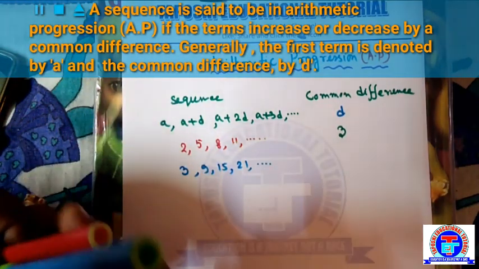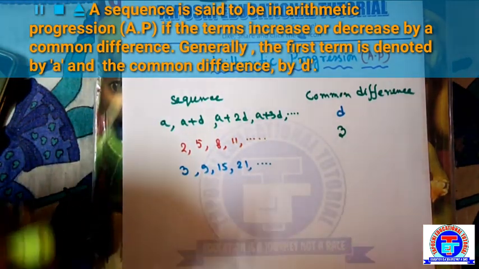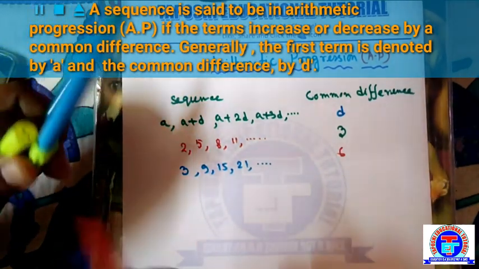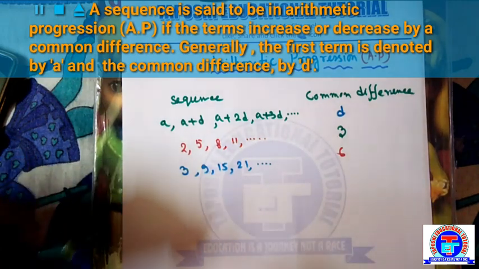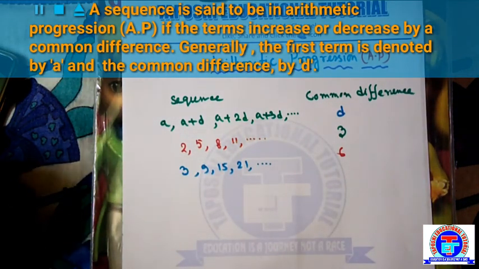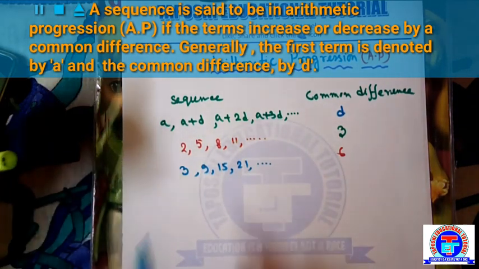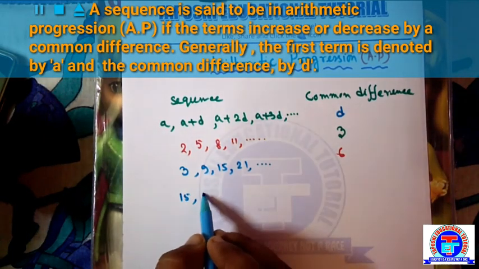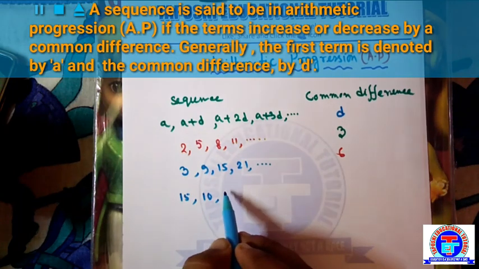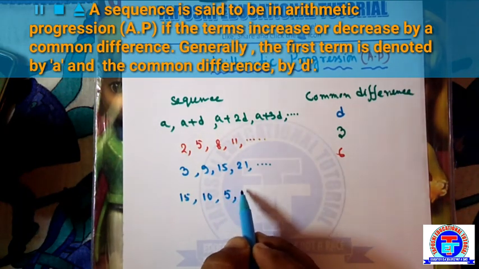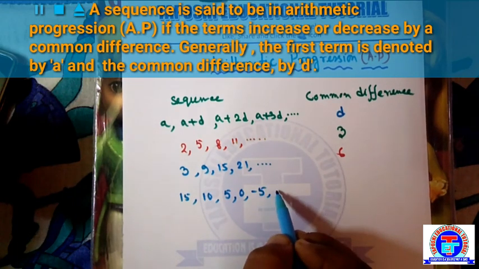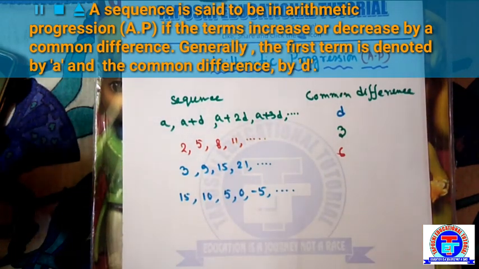So here the common difference is 6, right, student? Another sequence here, 15, 10, 5, 0, minus 5, and so on.